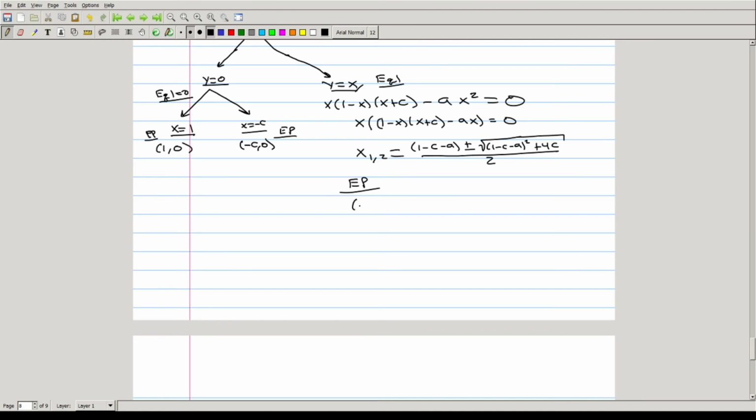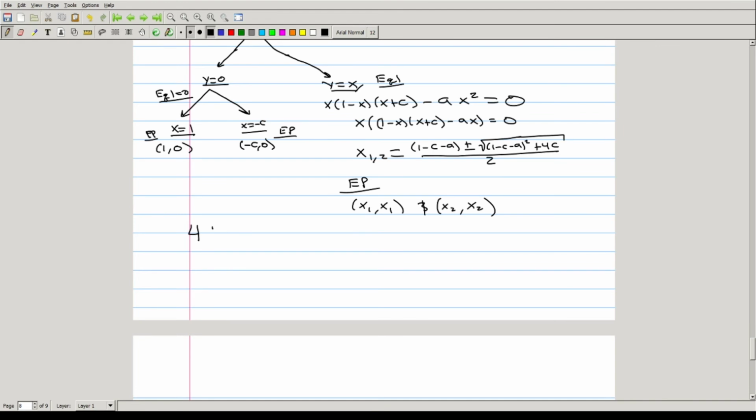The equilibrium point x1, x1, and the equilibrium point x2, x2. x1 is a negative part of the square root, and x2 is a positive version of the square root.